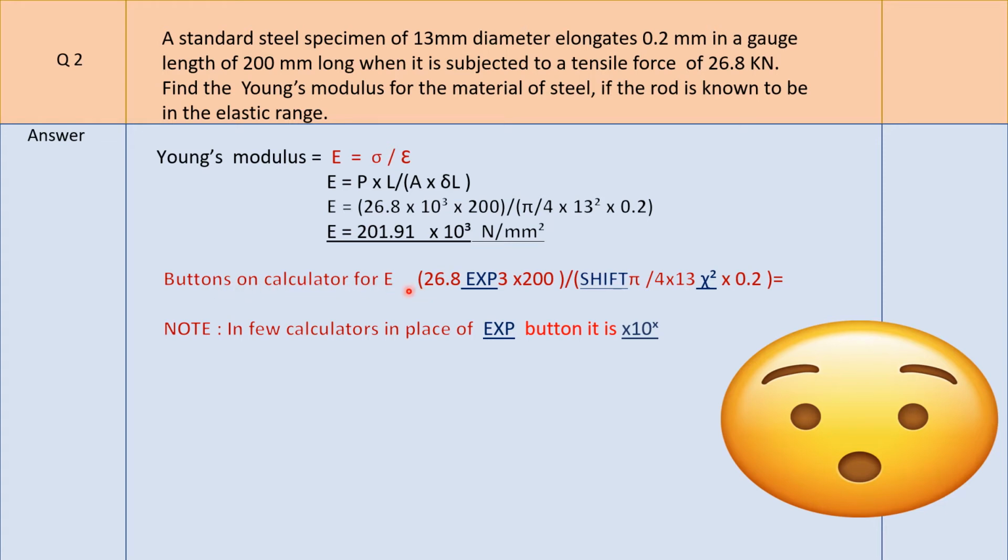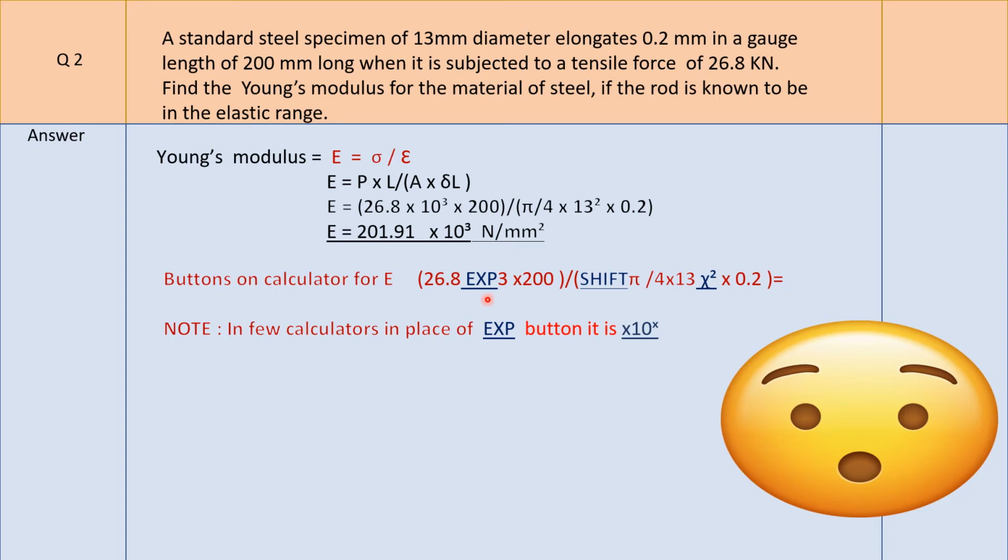Here I have given the buttons to be pressed on the calculator. For E, bracket open, 26.8 exponential, this is the button at the bottom near the answer. On a few calculators, instead of exponential, you may have the button into 10 raised to x.